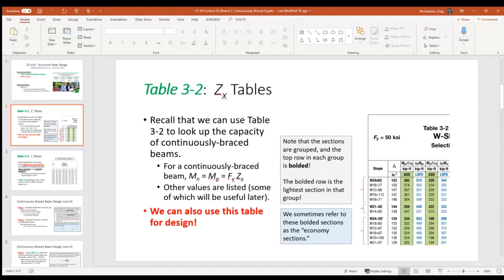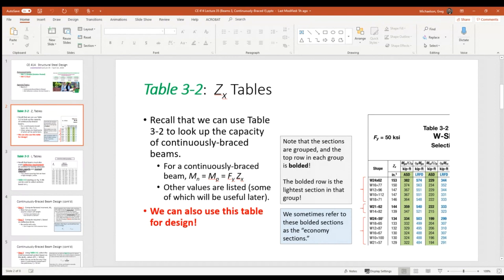Over here on the slide, see how at the top there's a W24x62, and then we've got a group of about 5 sections, then a group of 2 sections, and then a group of 6 sections. With each group, you should also notice that the top row is bolded.